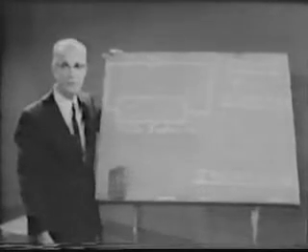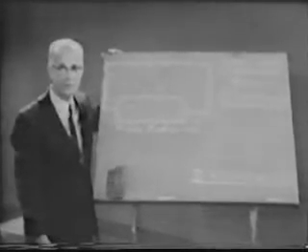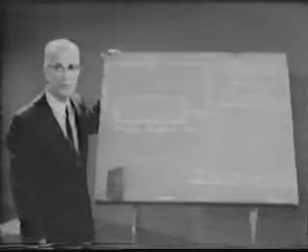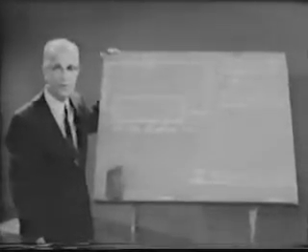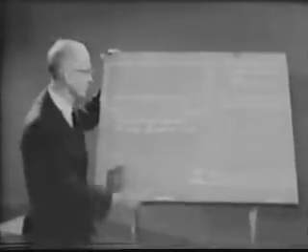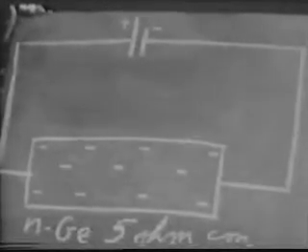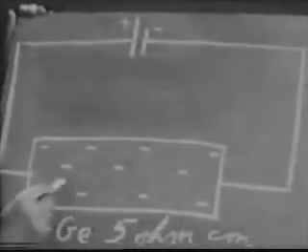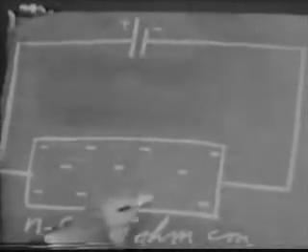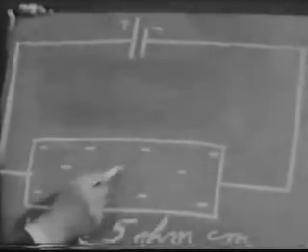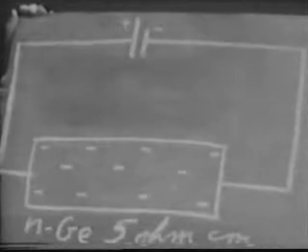Our experiments use a fundamental physics configuration consisting of a source, a transmitting medium, and a detector. The transmitting medium is the N-type germanium rod of 5 ohm centimeter resistivity, having a high concentration of majority electrons compared to minority holes.